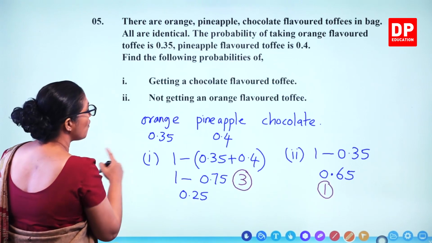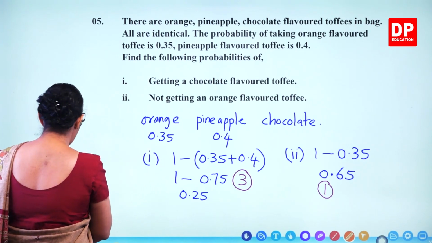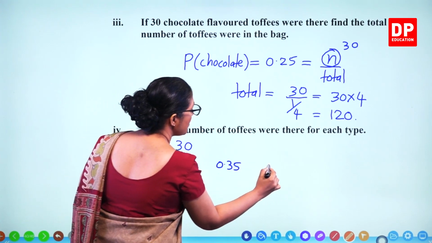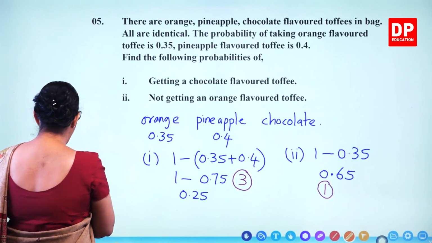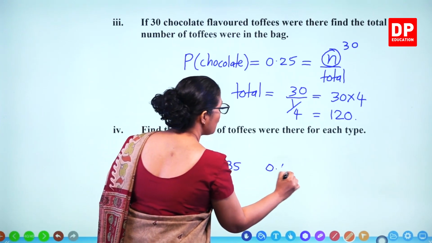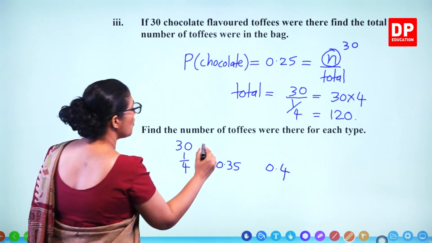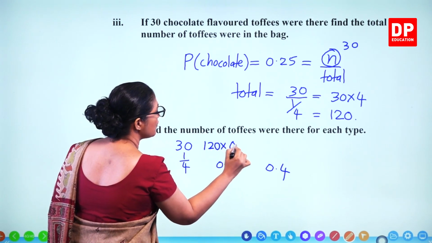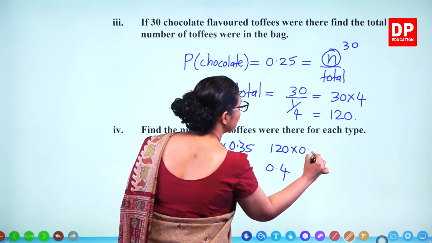What's the probability of getting orange? 0.35. And the other one is pineapple, 0.4. So we can multiply by 120. So 120 times 0.35 and 120 times 0.4.